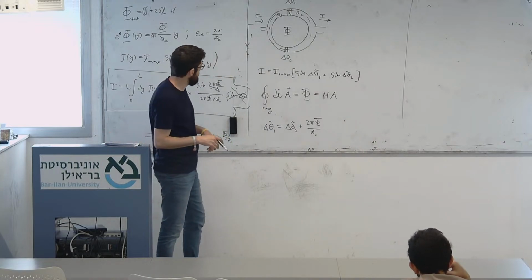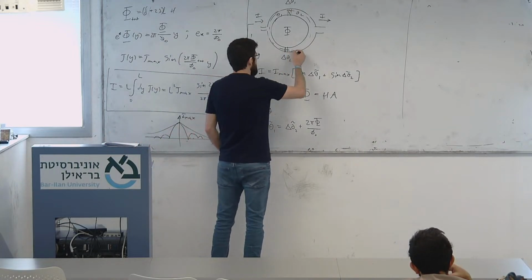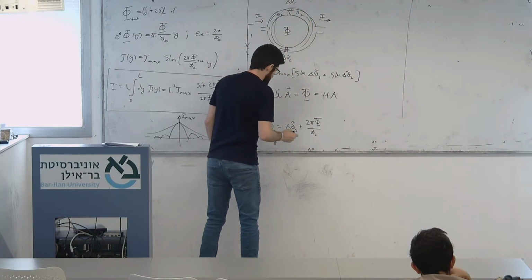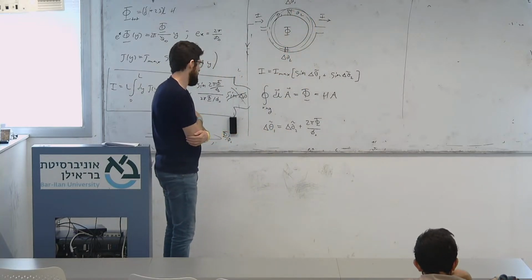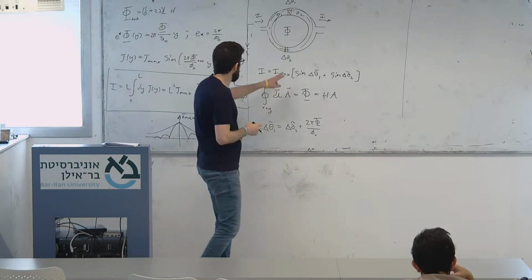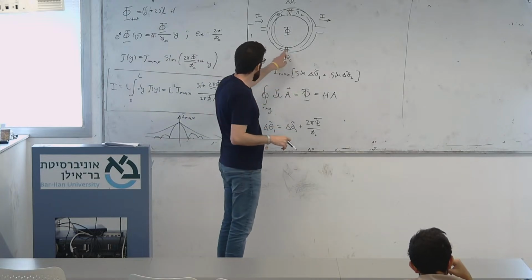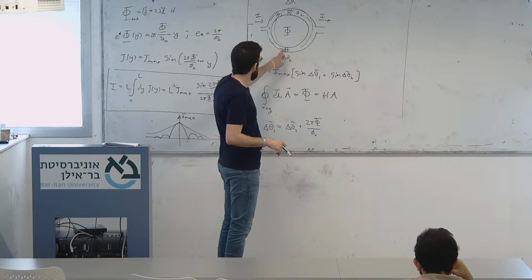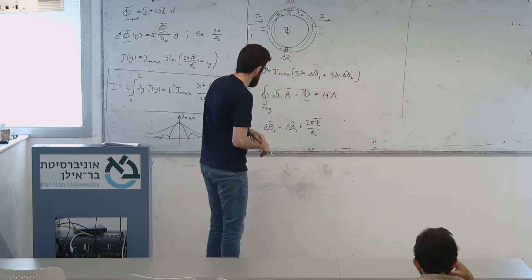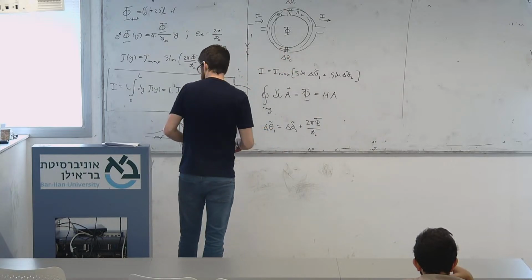So what it basically means is that as we do this contour, all the flux that is falling, all the change in A, is all happening across this boundary.